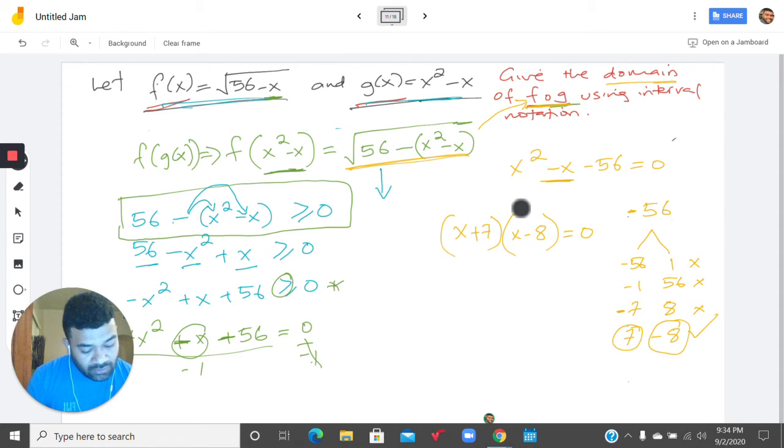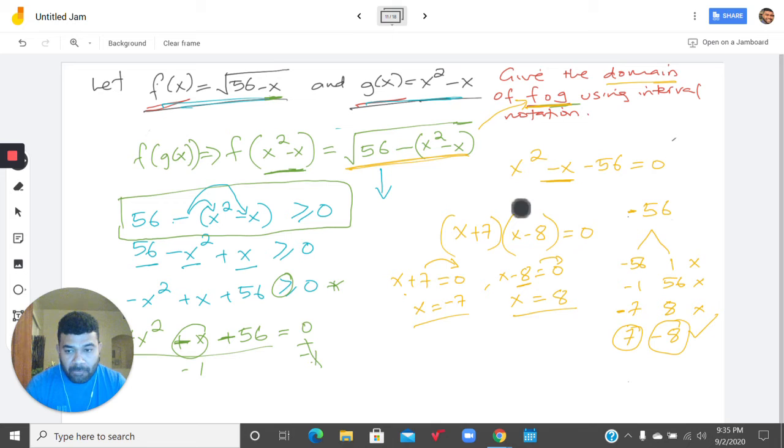When we solve for that, x plus 7 equals 0 and x minus 8 equals 0. So x is going to be equal to 8, because the negative 8, if you take it to the right, becomes a positive. And x plus 7, if I take the positive 7 to the right, becomes a negative 7. So I have x equals negative 7.